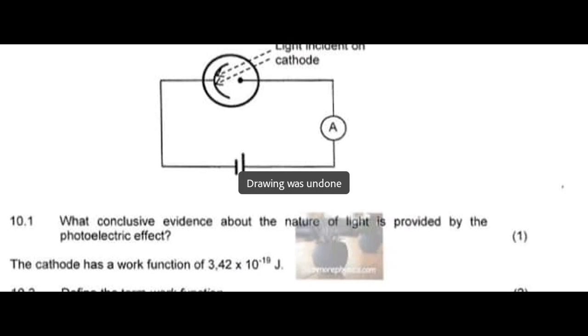They're asking which one the photoelectric effect demonstrates. So this demonstrates the particle nature of light. This proves that light has a particle nature. Whenever they ask you this question, remember the photoelectric effect always demonstrates the second one, that light has a particle nature.